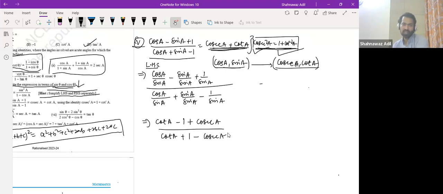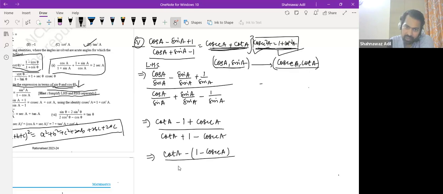So what we can do is write it as cot A minus of 1 minus cosec A, and in the denominator we have cot A plus 1 minus cosec A, right?